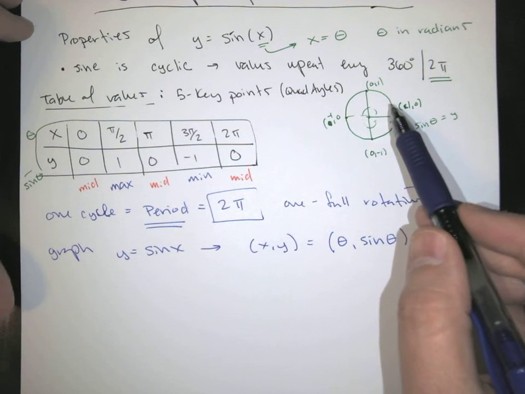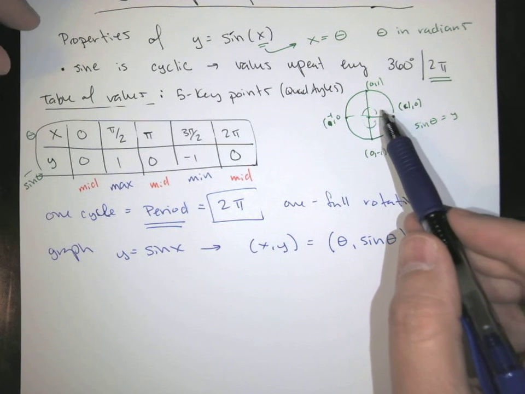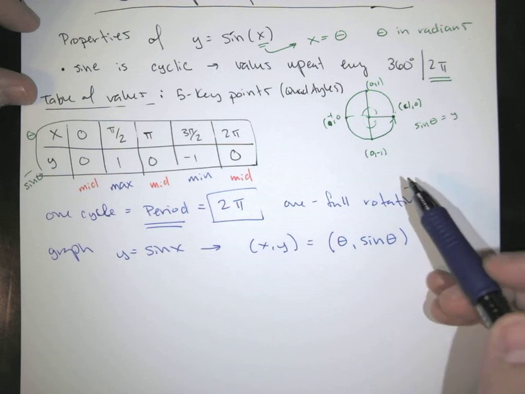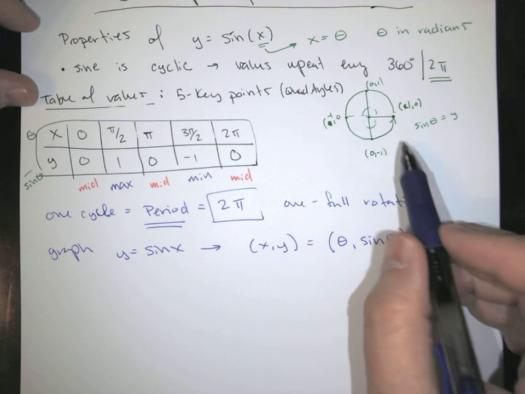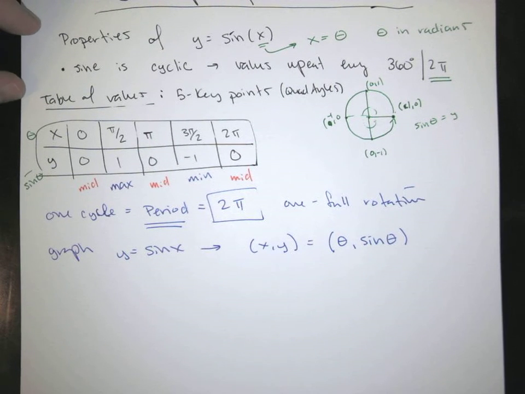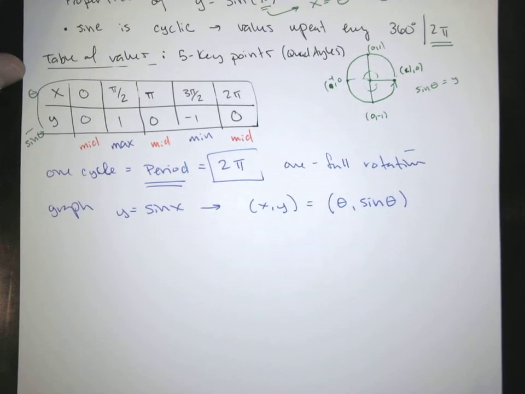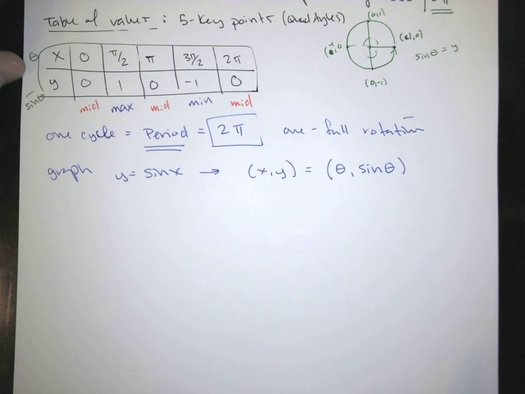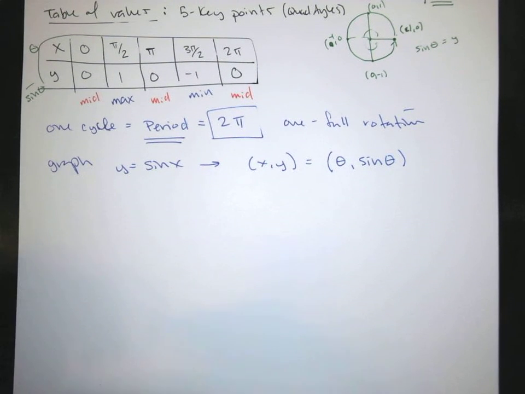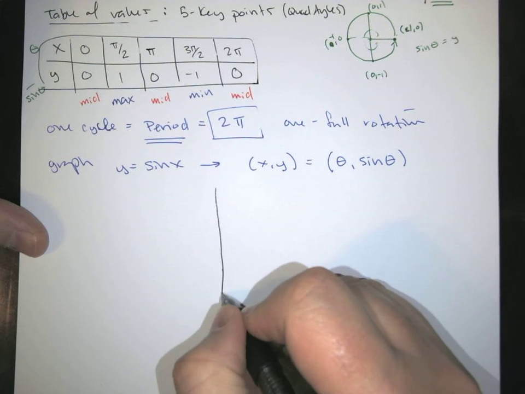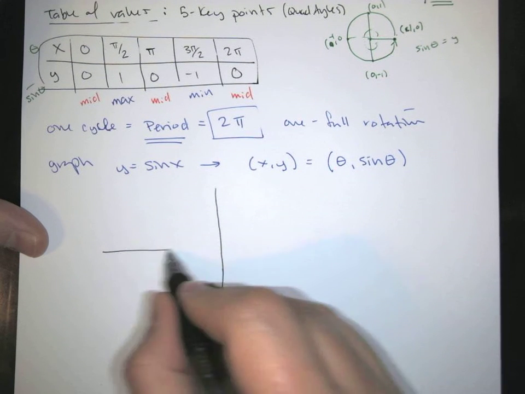The angle that we're rotating through is actually going to be the x value, and the y values are going to sync up with the y values on the circle. So it's not just going to be two circles cycling around. It's a little bit different. It makes this wave, this curve that goes up and down and up and down. Let's plot this stuff. So it's not too tall, right?